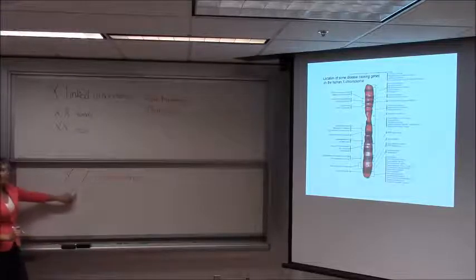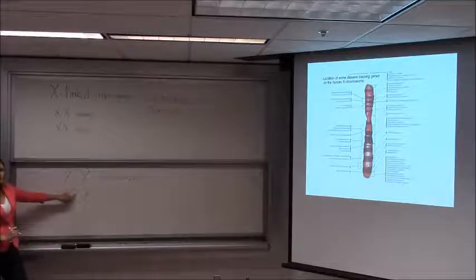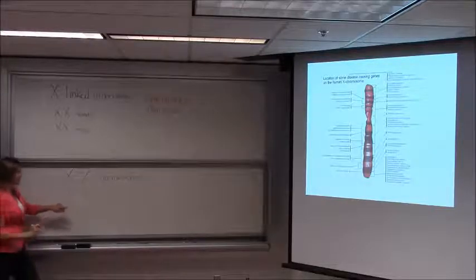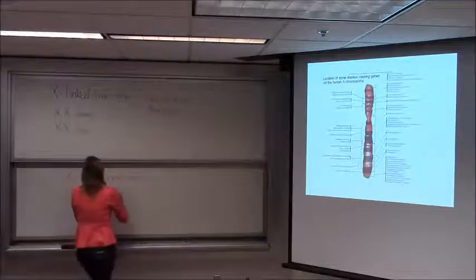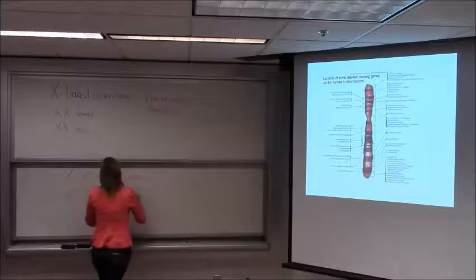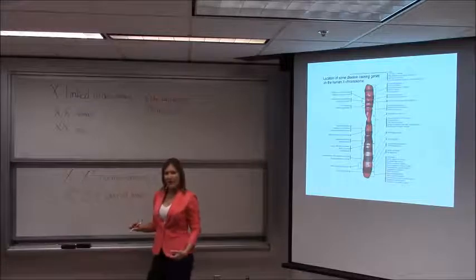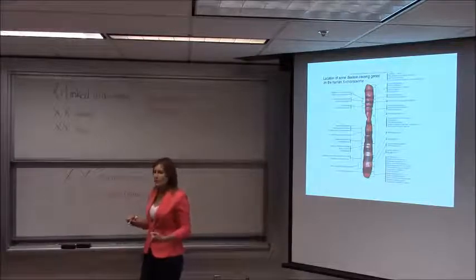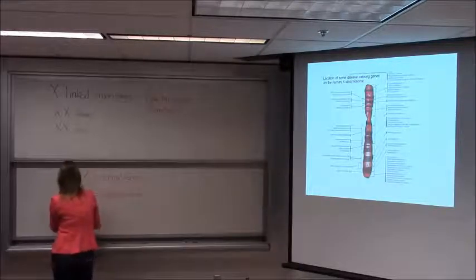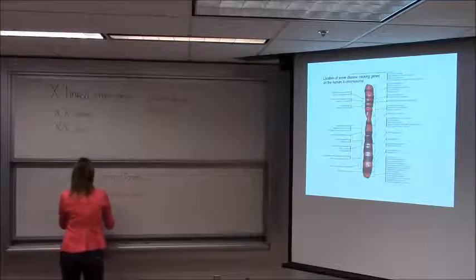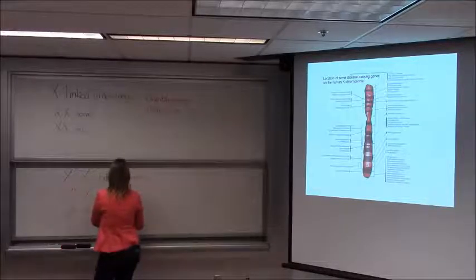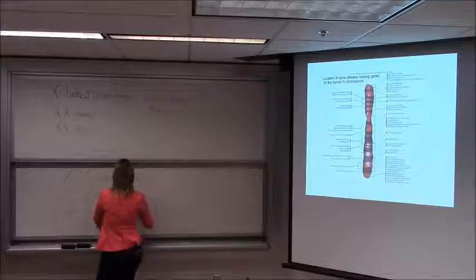X with a superscript C. This female carries the colorblind allele on this X chromosome. She would be called a carrier female. The only way this female would have colorblindness is if both of her X chromosomes carried the colorblind gene. This would be a colorblind female.